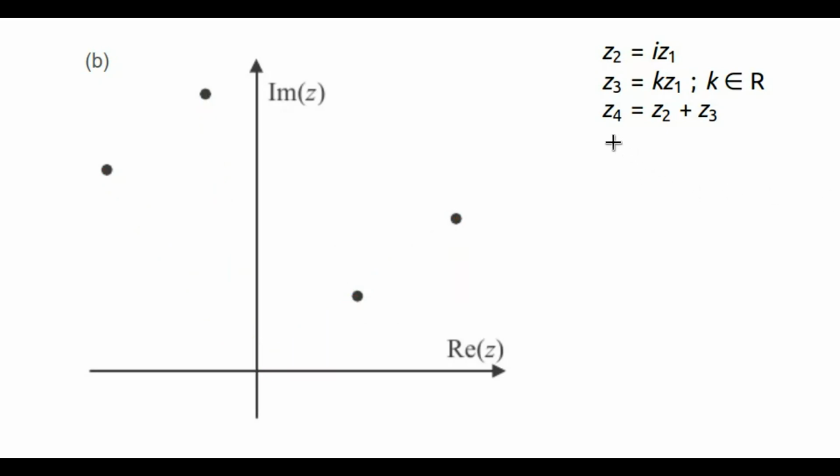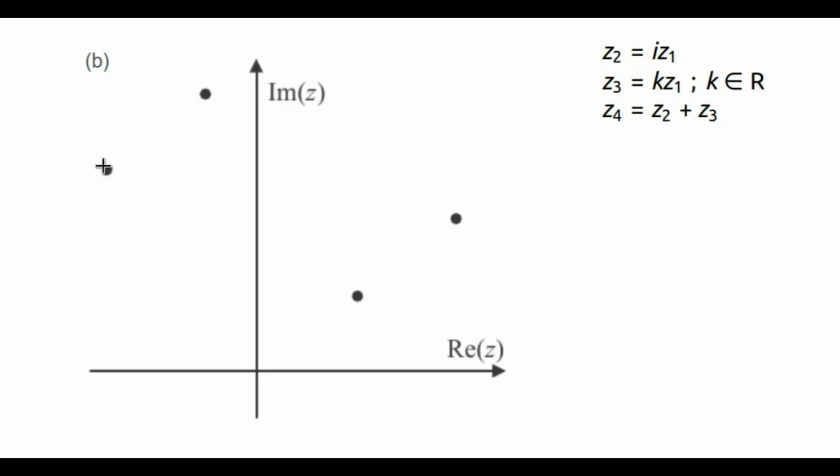Lastly, we're told that z4 is equal to z2 plus z3. Well, we already know that z4 and z2 are these 2 points, because z1 and z3 are these 2. And since z3 is one of these 2, we know that when you apply z3 to another complex number, it moves up and to the right. So if we take, say, this number, and move up and to the right, we go up here and there's nothing there.